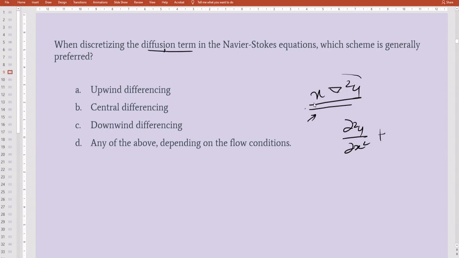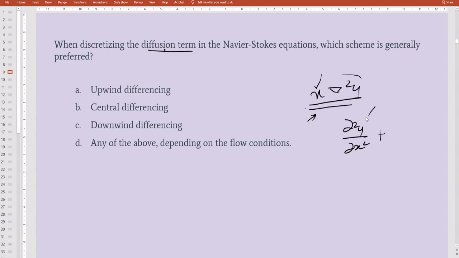viscous terms. Actually, the viscous term is the property getting dispersed by virtue of viscosity. That's why it is called viscous terms. These second order partial differential terms in space are what is causing the diffusion.